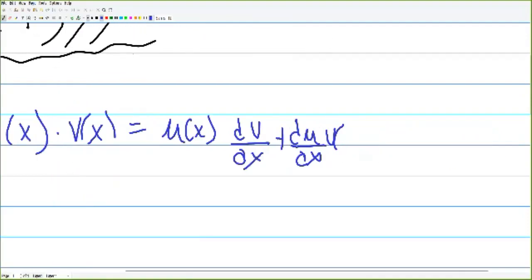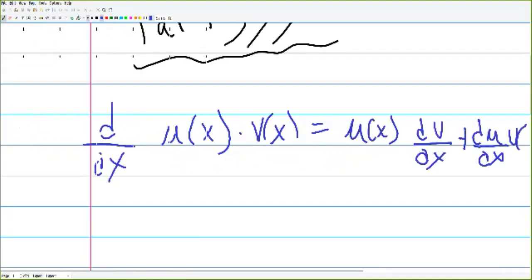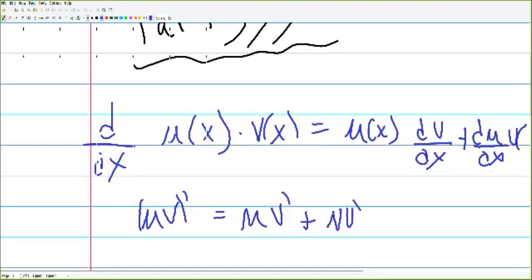We learned the derivative of the product, that's just u v dash plus v u dash.